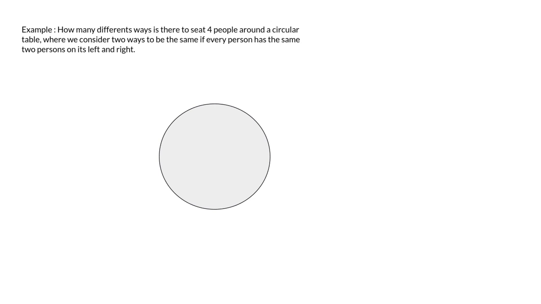And let's have four persons, A, B, C, D. And let's say that we have a person here, we have a person here, and we have a person here, and we have a person here.